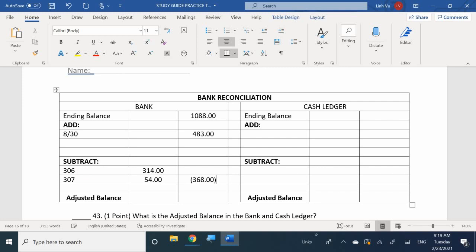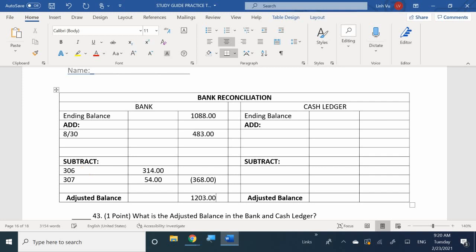So what is my total adjusted ending balance in my bank account? $1203?